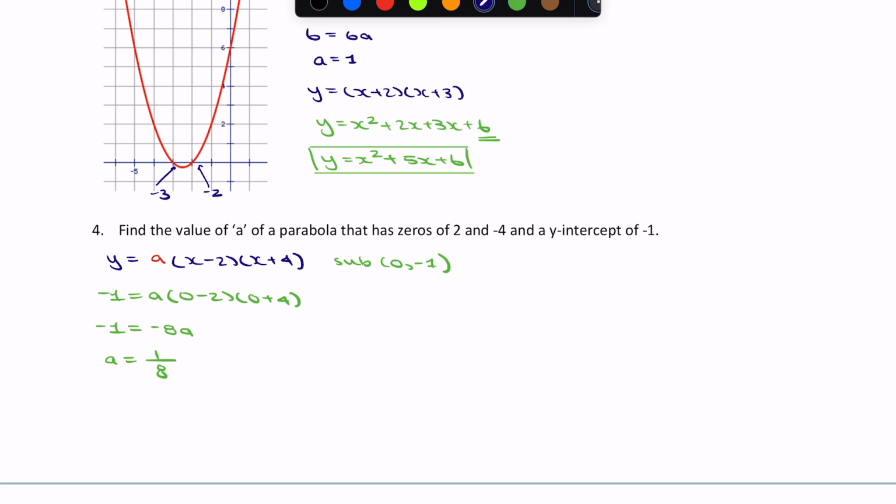And so here, our equation will be y is equal to 1 over 8, x minus 2, x plus 4, with our a value being 1 over 8.